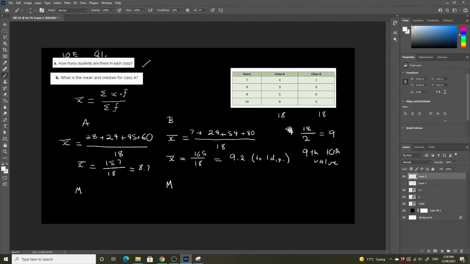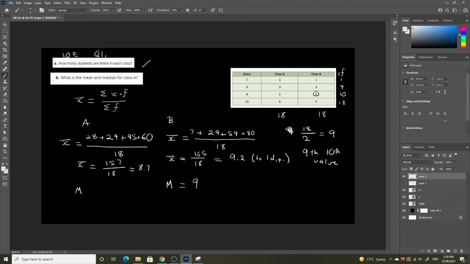So if we look across here, we can do our cumulative frequency tables, or we can just add them up. So 1, 4, 10, 18. So the 9th and the 10th value for class B are going to be inside here, which means the median is going to be 9 plus 9 over 2, which is just going to be equal to 9.